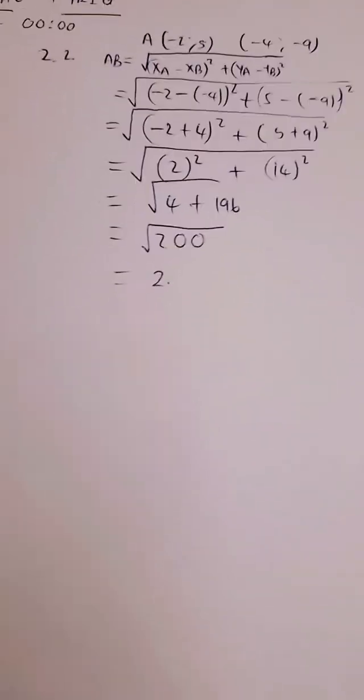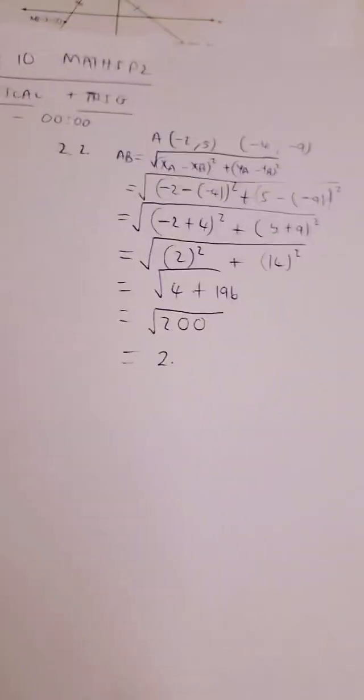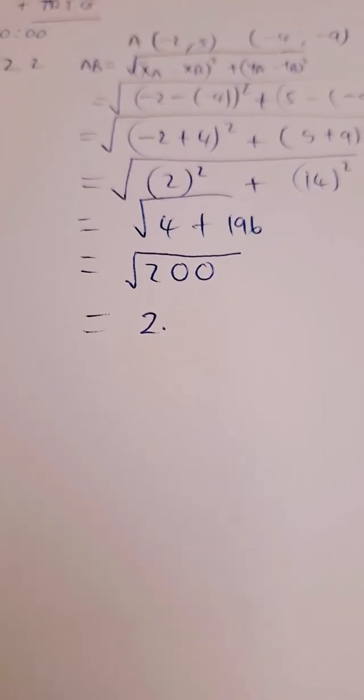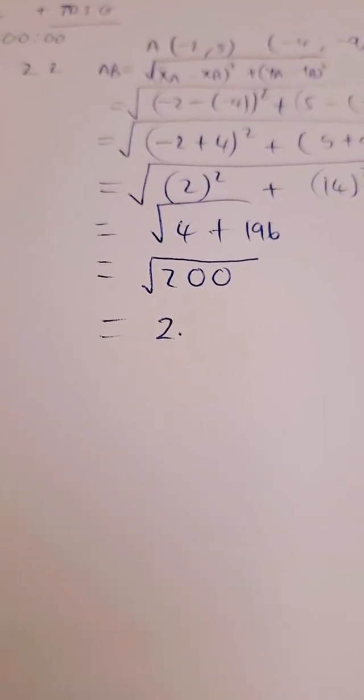What is it, guys? Come on, someone, calculator. Because they said leave your answer in simplest surd form. We don't want to leave it rounded off. We need to leave it in simplest surd form. So what is the square root of 200? Or is that as simplified as 200 can be? No, it's not. Definitely not. Come on, guys. Square root of 200.